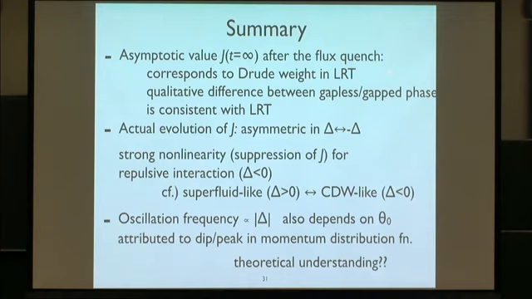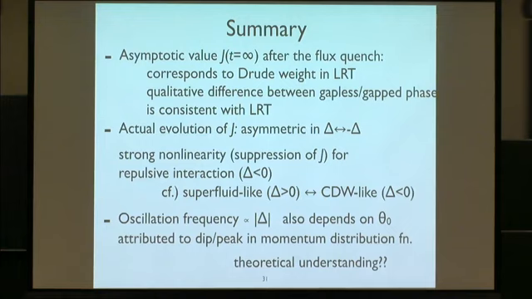And in fact, I believe that in the limit of weak pulse, the result should converge to the linear response theory result. But for small but finite amplitude of the electric pulse, we actually find rather strong nonlinearity, especially for the repulsive interaction regime.